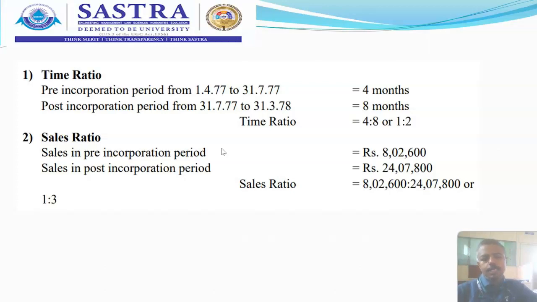The sales in pre-incorporation period are 8,02,600, whereas post-incorporation period is 24,07,800. These two are already given in the question. We just took that, converted it into the form of a ratio, and then simplified it. In this simplification, we got 1:3. So that's how we need to proceed in calculation of time ratio and sales ratio.